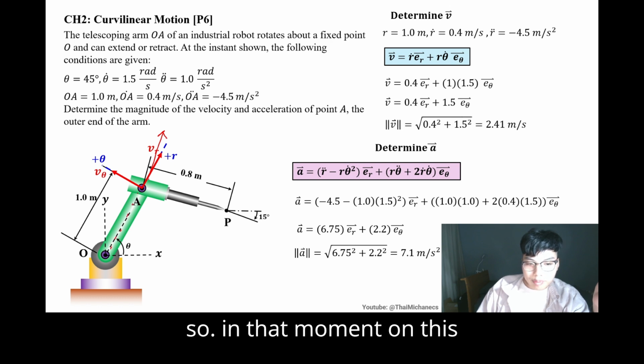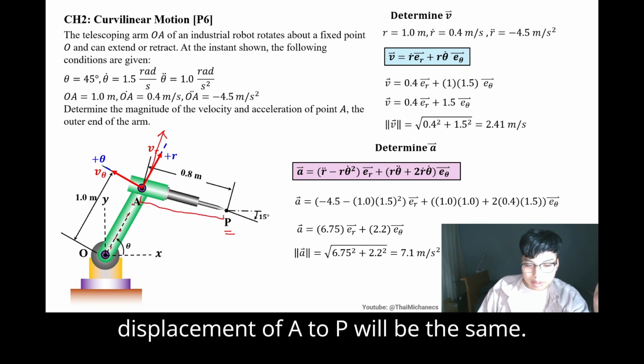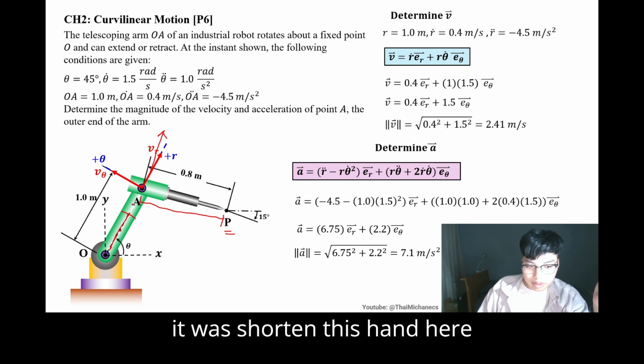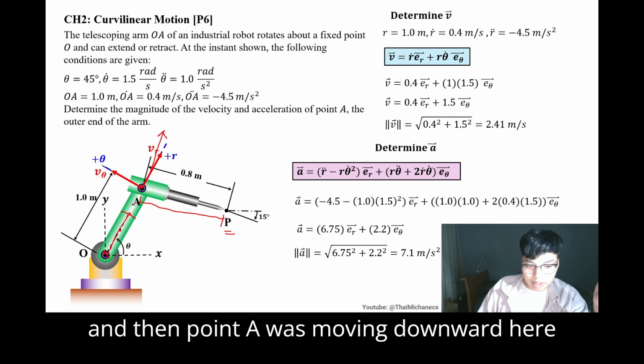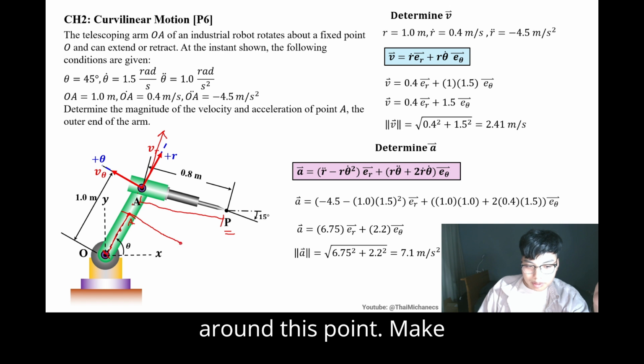So in that moment, the distance from A to P is constant, meaning that the direction and displacement of A to P will be the same. So if this arm was shortened, for example, and point A was moving downward here, that means point P should be around this point. Make sense?